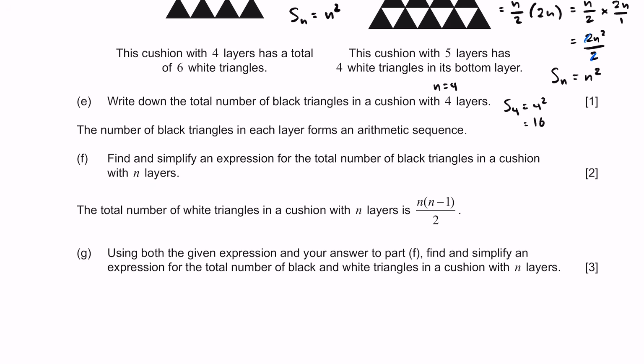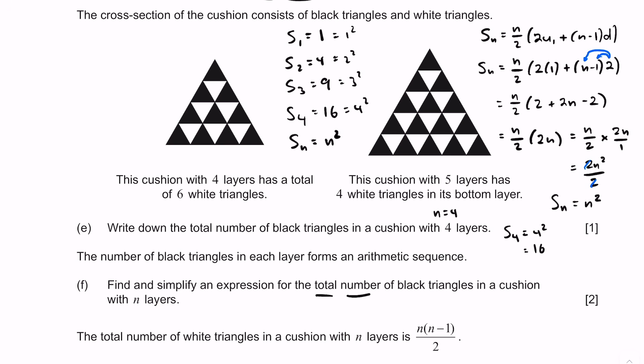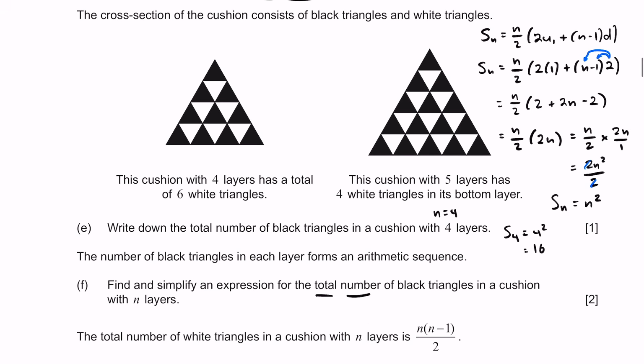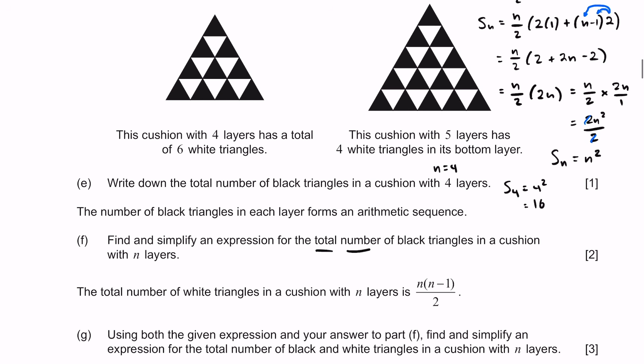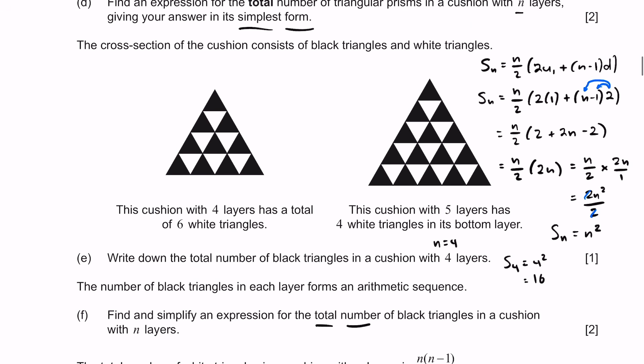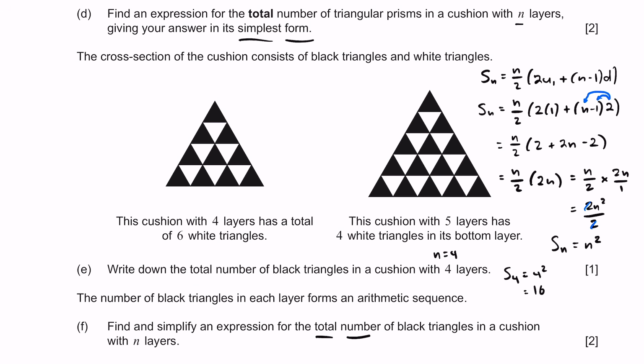So let's deal with just the number of black triangles. In layer 1, there's 1 black triangle. Here there's 2 black triangles, here there's 3, and here there's 4 black triangles.